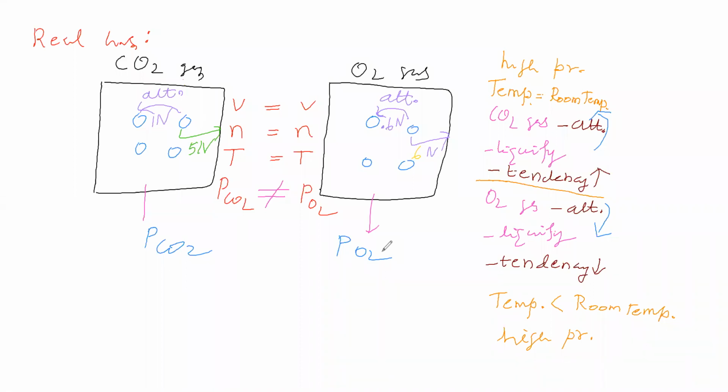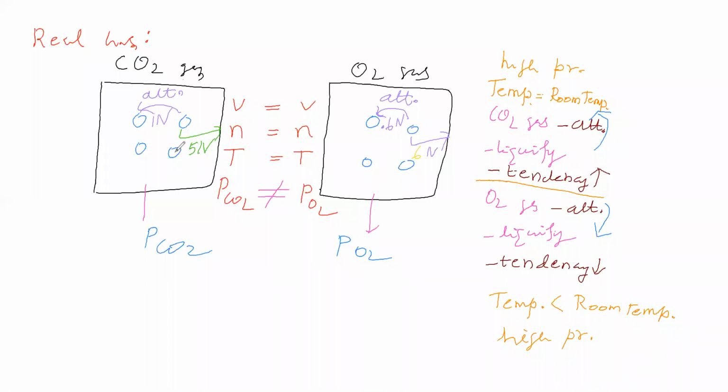Now pressure means what? Pressure is nothing but force per unit area. Pressure of a gas is nothing but force exerted per unit area. Carbon dioxide gas molecules making collision on the wall of the vessel exert pressure. Oxygen gas molecules making collision on the wall of the vessel exert pressure.